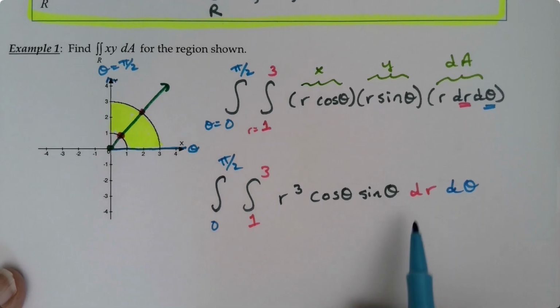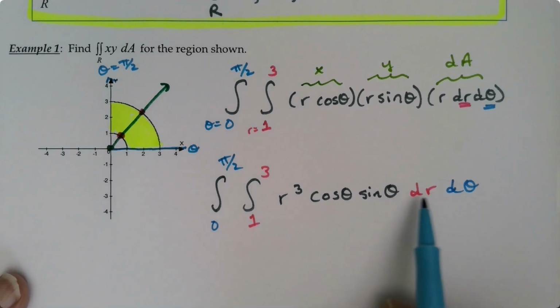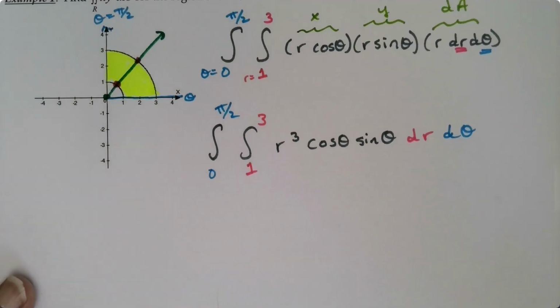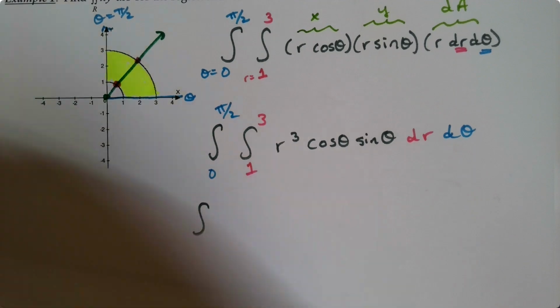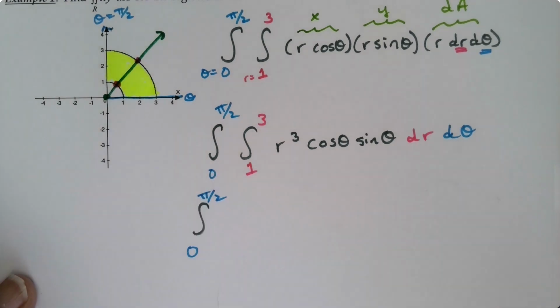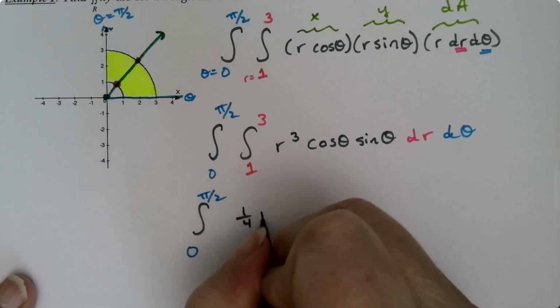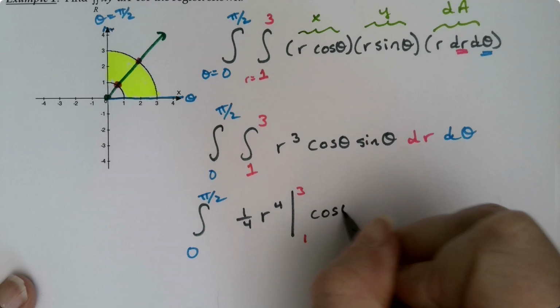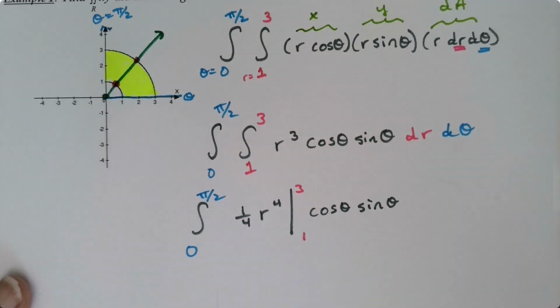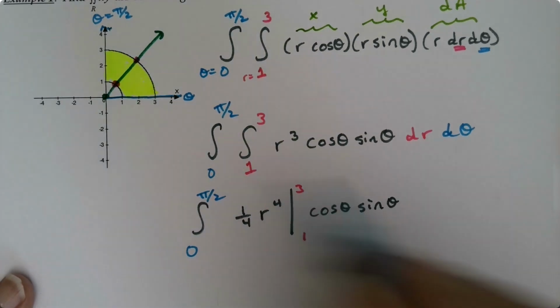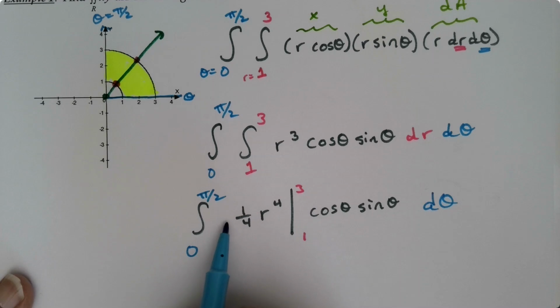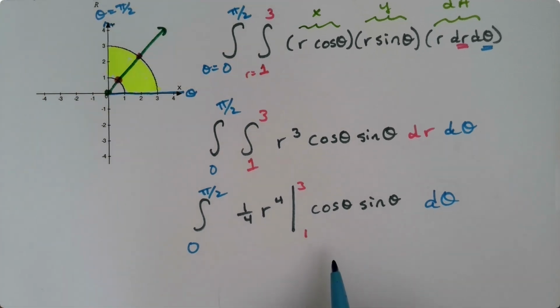Luckily we're doing r first, so it is easy because that's just 1/4 r to the 4th, from 1 to 3. The cosine theta sine theta is just sitting there, it's not really doing anything. And then d theta. You can put it in front. It can't go in front of the whole integral, but it can go in front of here, or in the back. It's irrelevant.